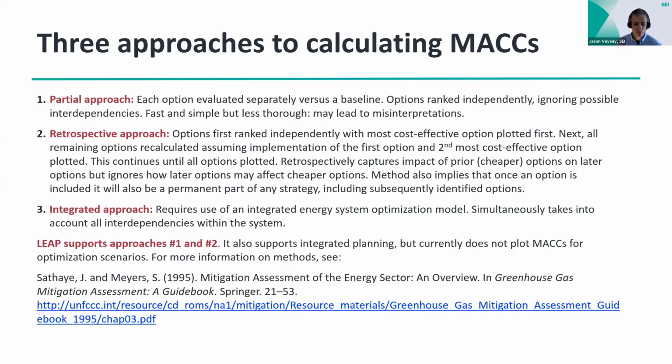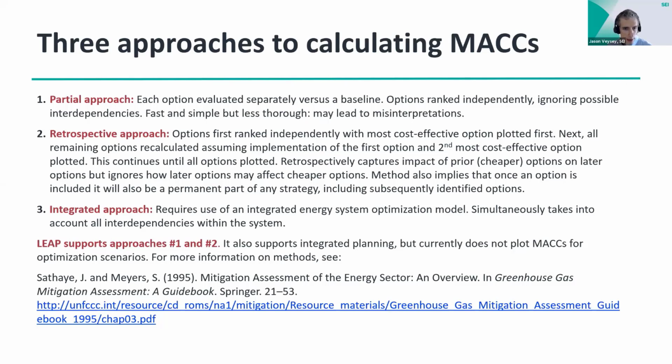So this is a way of assuming that options are implemented in order of their cost efficiency, and that the incremental emission reductions that you get can be calculated on that basis. It doesn't capture necessarily how later options could affect the emissions of cheaper options that are assumed to be implemented earlier. But it is a self-consistent and widely used approach.